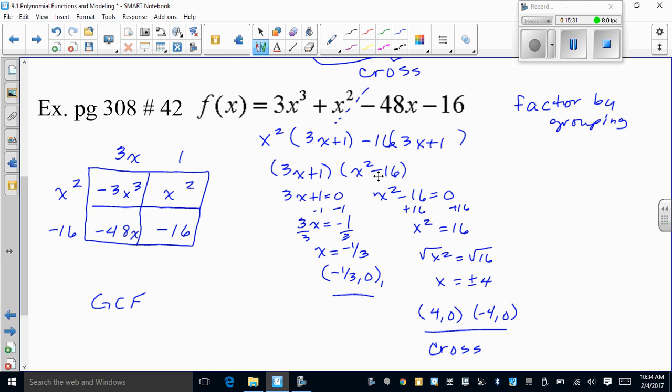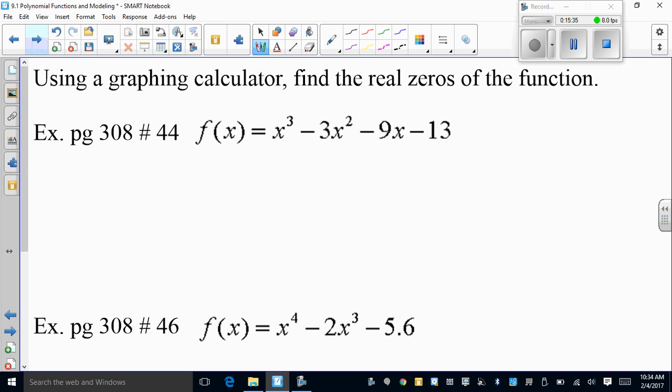Now, the next two are asking you to use a graphing calculator to find the real zeros of the function. Since I don't have my calculator emulator on this computer, we'll have to do this one in class. However, this is very similar to finding the max or min. If you want to try this one, put this into y1 and graph it.